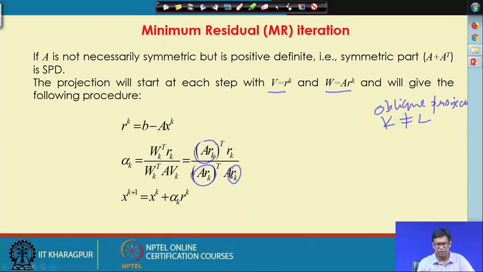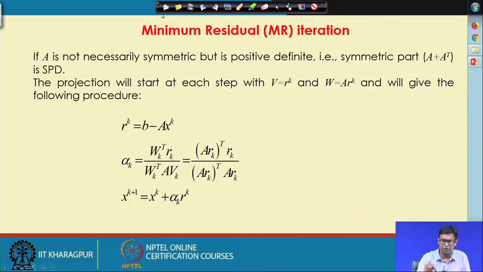If we look into the algorithm, this is an algorithm for a non-symmetric matrix. However, the matrix has to be positive definite. Alpha is computed differently, but the rest is exactly the same as the steepest descent method, and in practice we will take a steepest descent computer program, make a little modification, and get the minimum residual iteration. One is applicable only for symmetric matrices, while the other is more generally applicable.